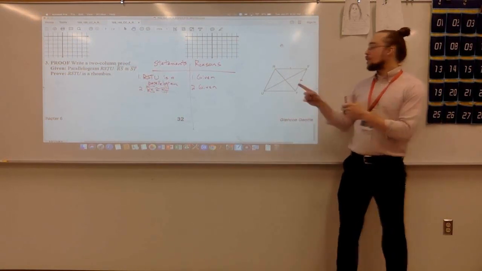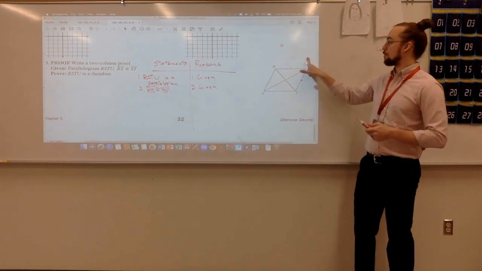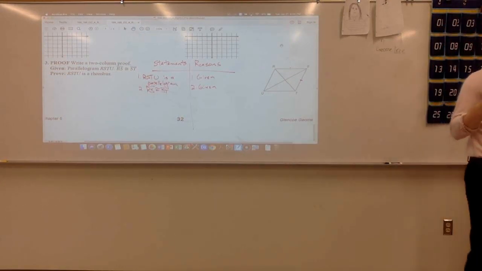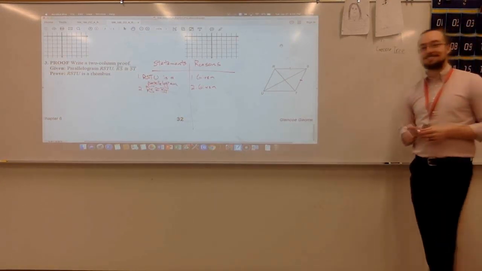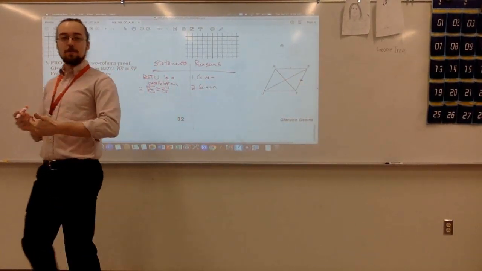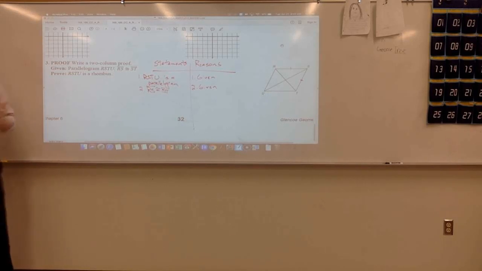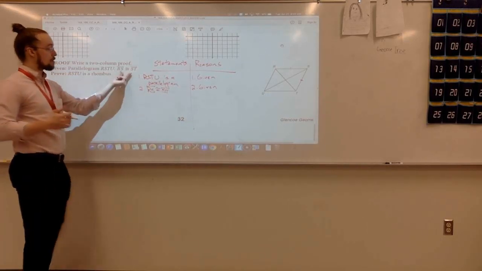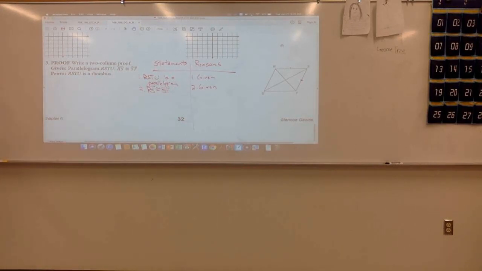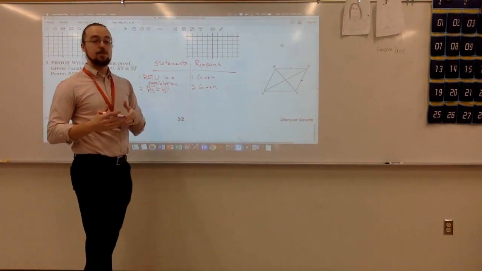If we look at the other piece of given, that these two consecutive sides are congruent, I think the one that's going to help us is that opposite sides are congruent, because we're already talking about something with the sides here.